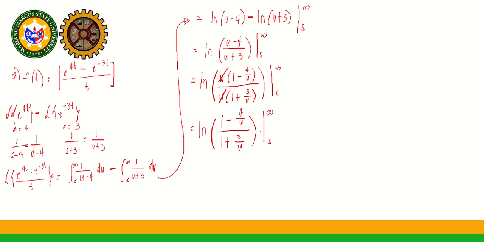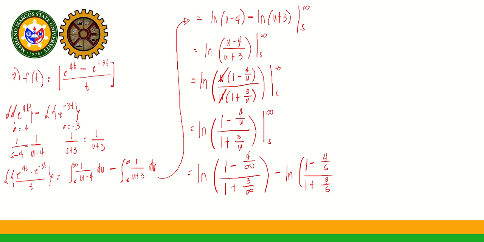So we can now substitute this one. This is equal to ln of 1 minus 4 over infinity over 1 plus 3 over infinity. Okay, and then minus ln of 1 minus 4 over s over 1 plus 3 over s.